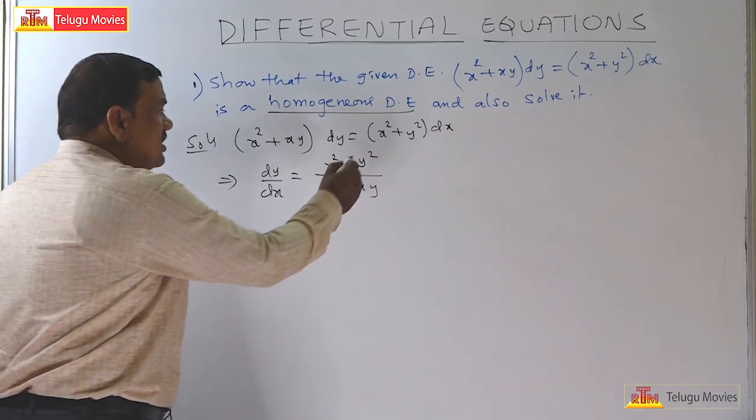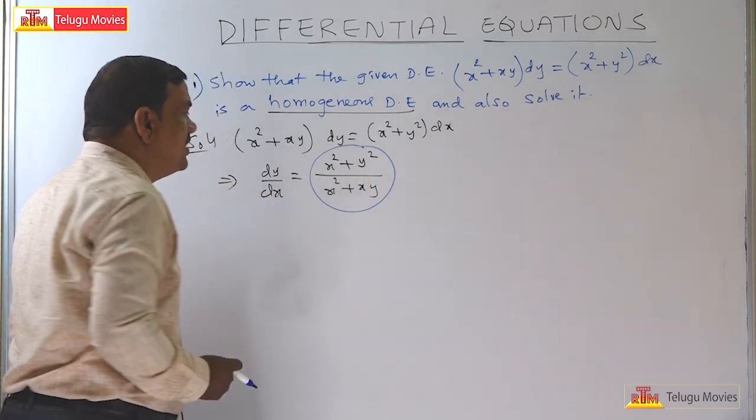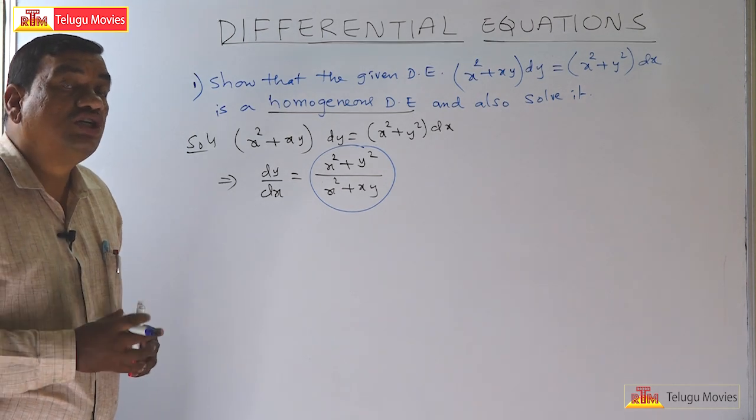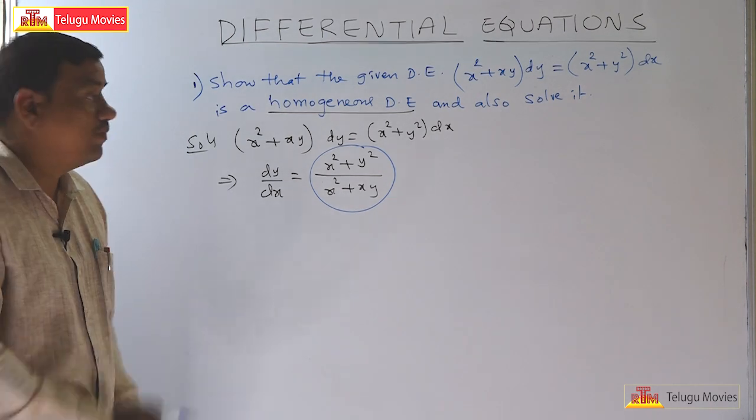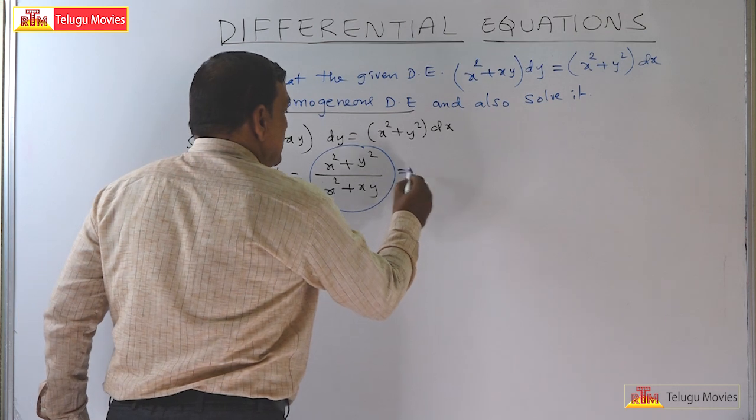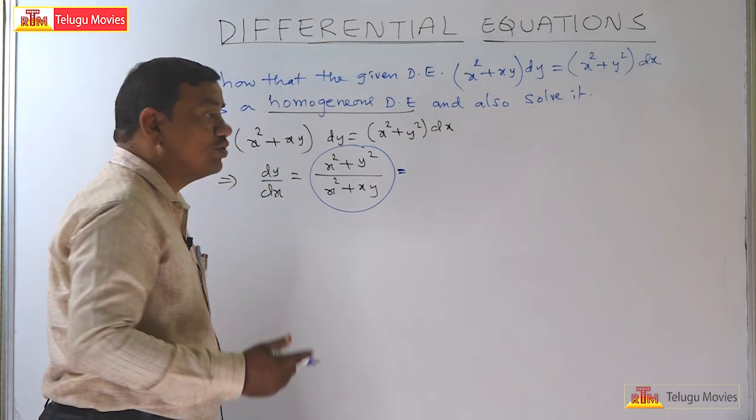Now, consider this function. We have to show that it is a homogeneous function of degree 0. For that, wherever x is there, substitute λx, and wherever y is there, λy.